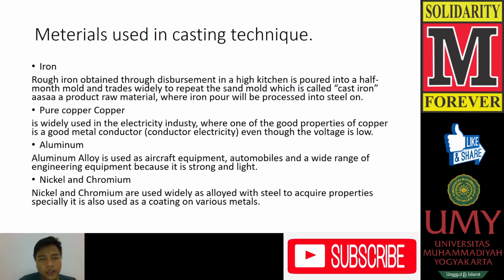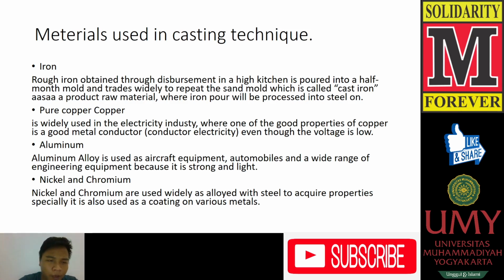2. Materials used in casting technique. Iron. Raw iron obtained through distillation in a furnace is poured into a half-mold and used widely to repeat the same mold, which is called cast iron, as a product raw material, where iron ore will be processed into steel.